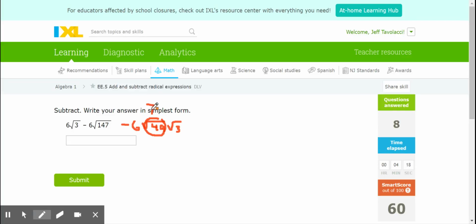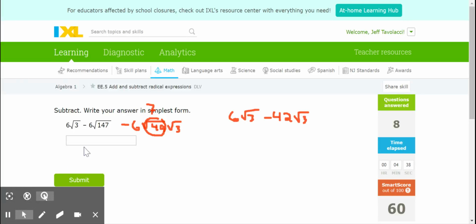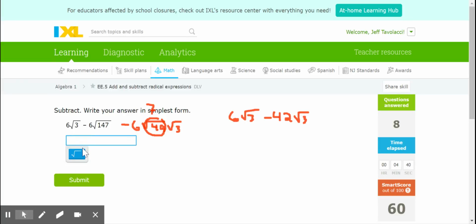It's going to be 7, so that's going to give me a lead coefficient of negative 42. So I have 6 square root 3 minus 42 square root 3. Okay, so if I'm going to subtract 6 away from 42, that's going to leave me with negative 36 square root 3.